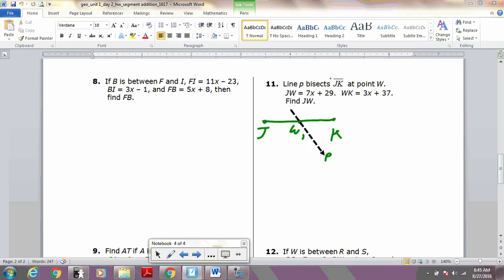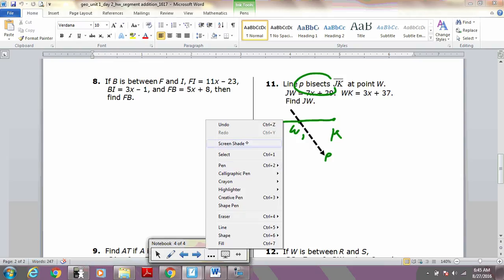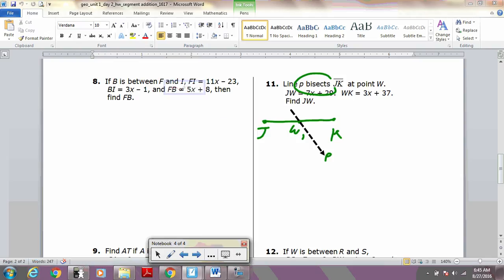So when it says bisect, that means it cuts it in two equal parts. So draw your tally to represent that these parts are equal. So that means that W is your midpoint. So this scenario is when we do the part equals part, since we know about the midpoint.